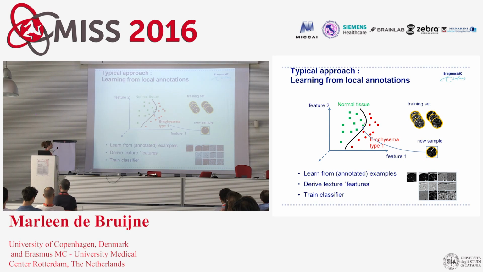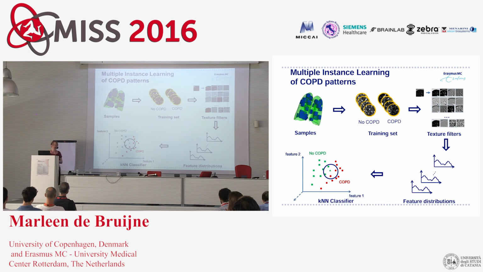So the standard approach would be: have patch labels, compute a lot of texture filters, train a classifier based on that. What we did instead was we selected completely randomly samples in the image that are small three-dimensional patches. We used the naive approach, so we propagate the disease label to the instance labels, compute texture filters.